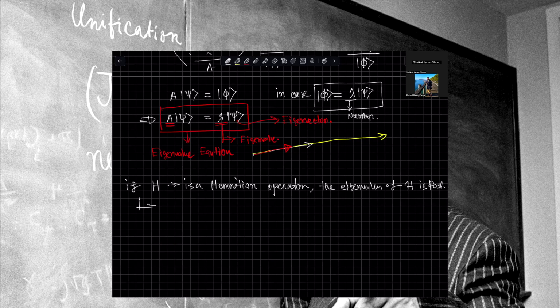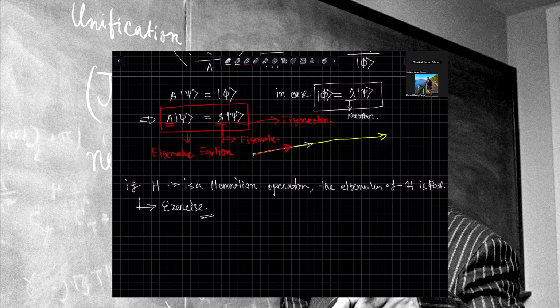In fact, this is something that you should do as an exercise, and I'll give you the tools to do it as we continue through the lecture.